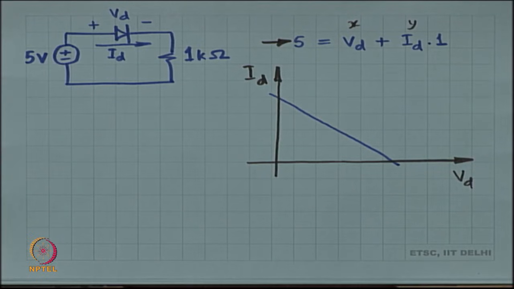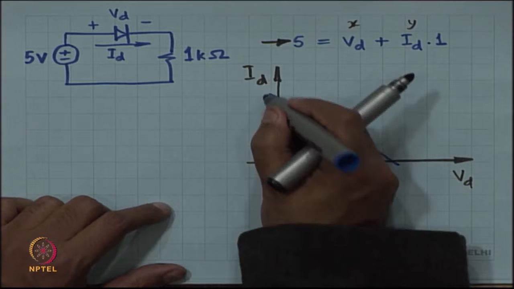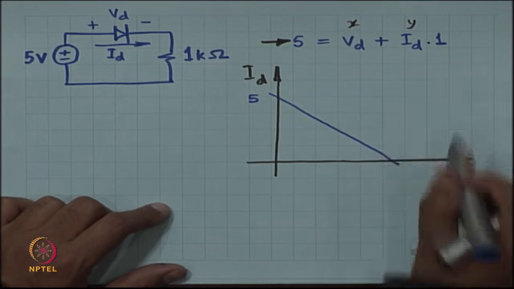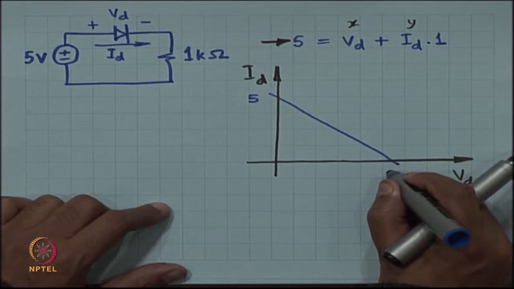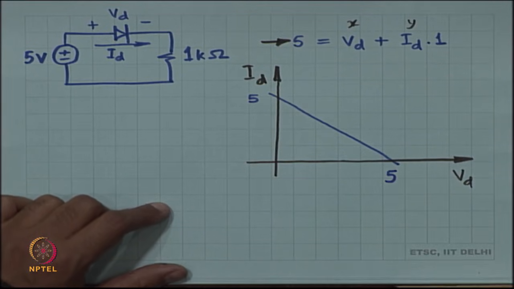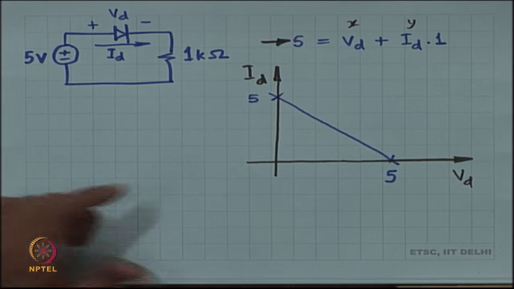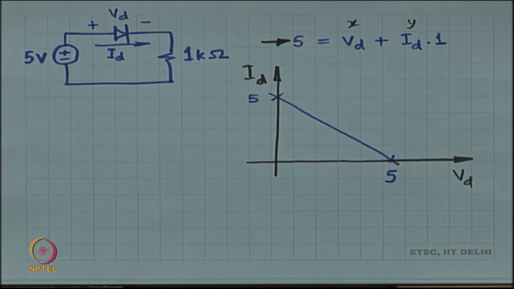When Vd is equal to 0, Id would be equal to 5, and if Id is equal to 0, then Vd has to be equal to 5. So, these intercepts on the x and y axis are 5 milliamperes and 5 volts respectively.